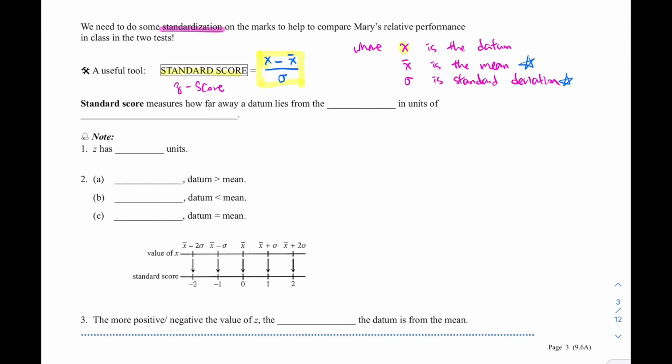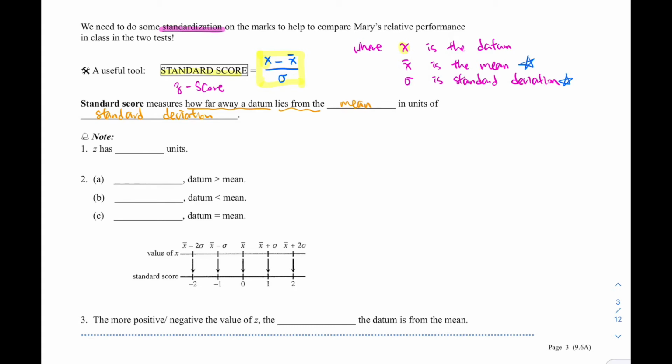We can interpret the standard score as follows. The standard score actually measures how far away a datum lies from the mean. We are comparing the datum with the mean of the data set in units of the standard deviation.